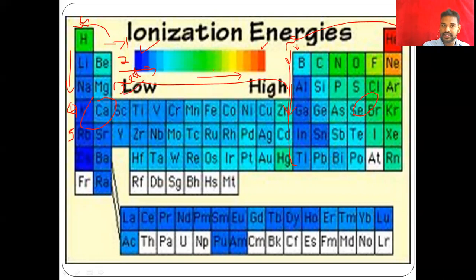This 3d orbital has a poor shielding effect, so it does not easily shield the outermost electron. Because of this, the outermost electron experiences a high electrostatic force between the nucleus and the outermost orbital. The electron is pulled towards the center, so ionization energy increases from aluminum to gallium.